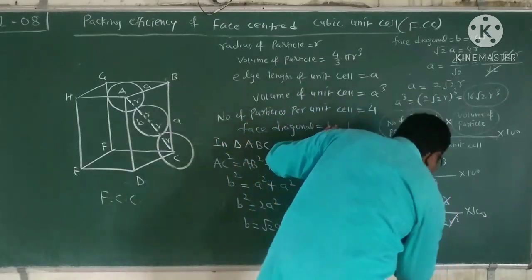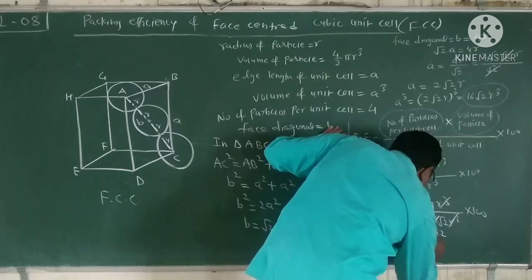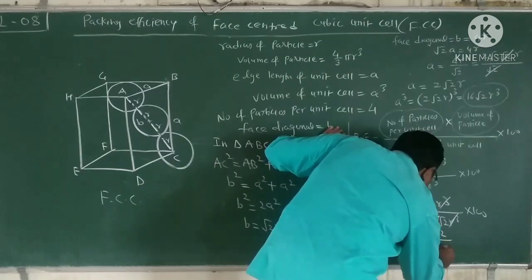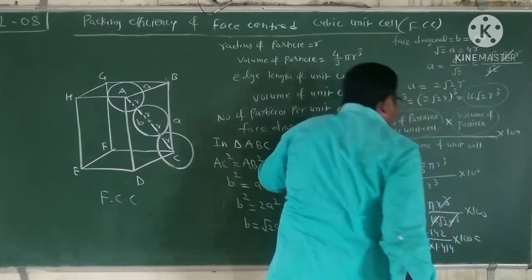Pi value is 3.142. 3 into root 2 is 1.414, into 100.